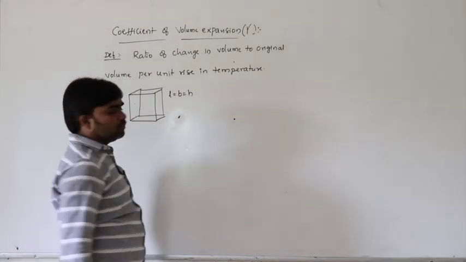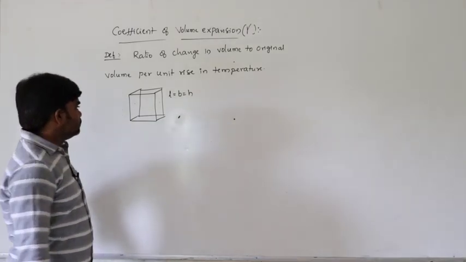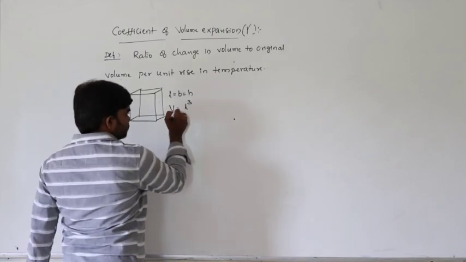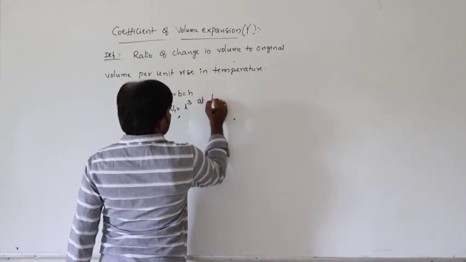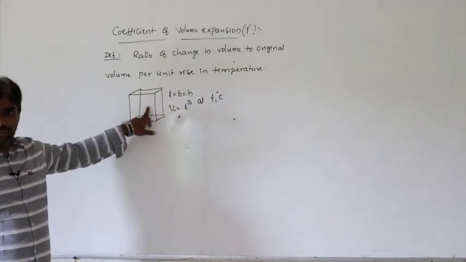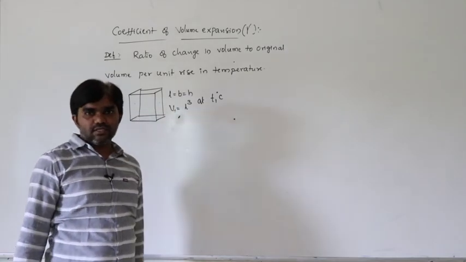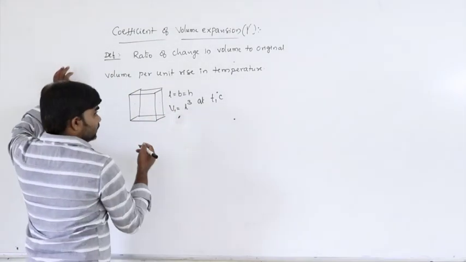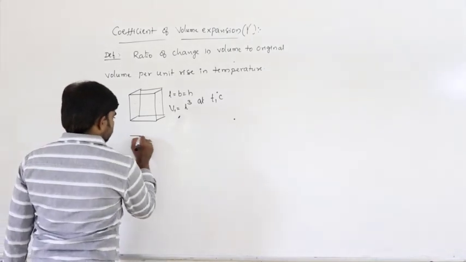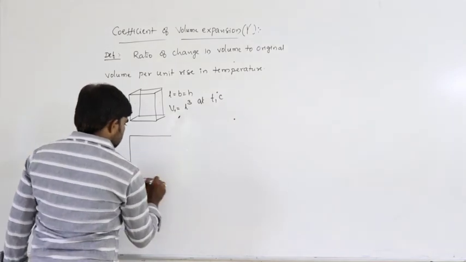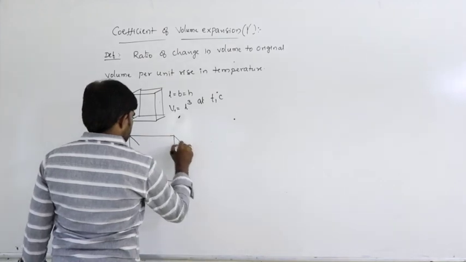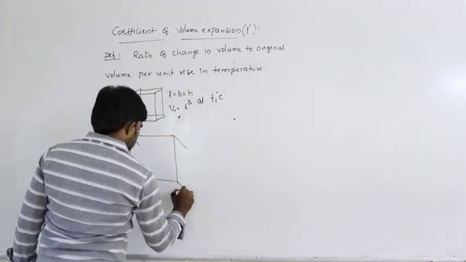Let us say the initial volume is L cube, V1, at temperature T1 degree Celsius. This is the initial volume of the cube at temperature T1 degree Celsius. And if the temperature increases, definitely the length, breadth, height all must increase.